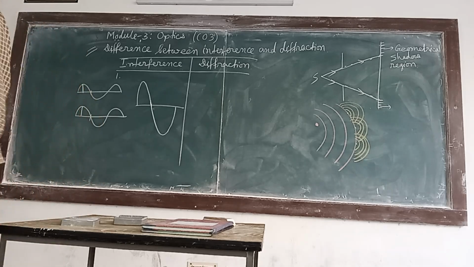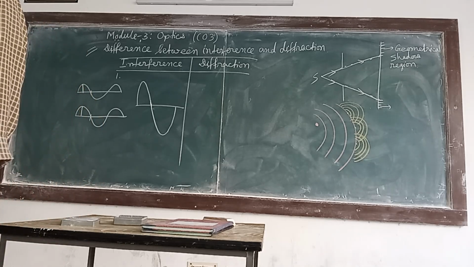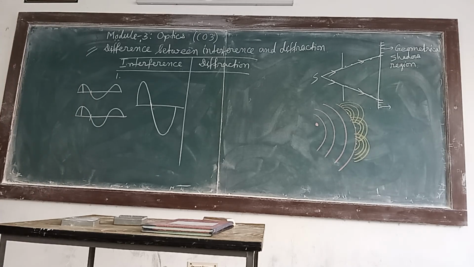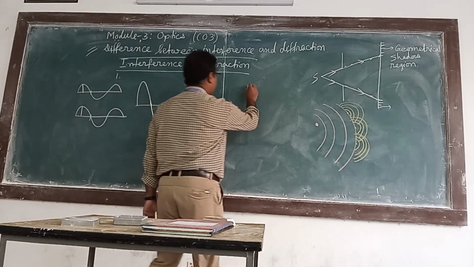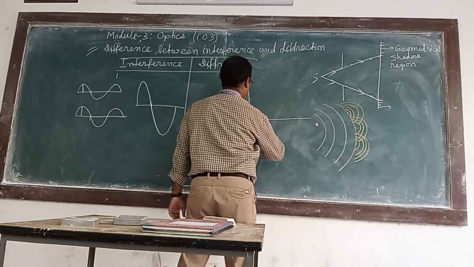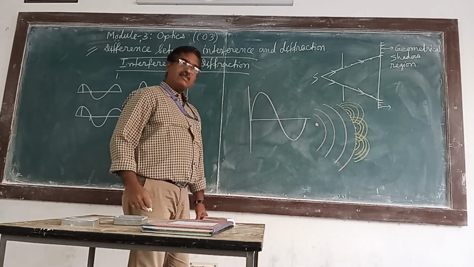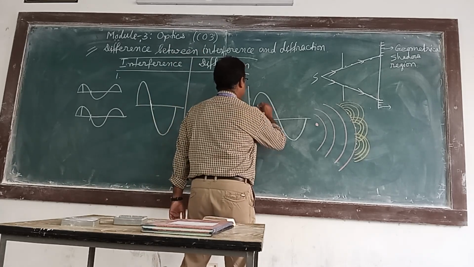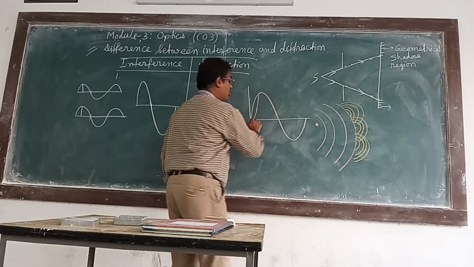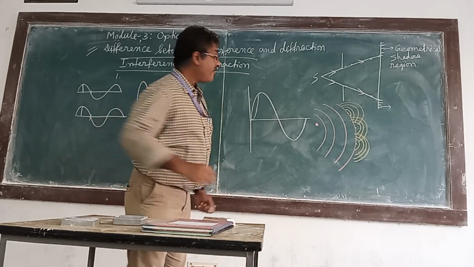And in case of diffraction, why it is not perfectly dark, we will discuss it later. What's happening in case of diffraction? In the diffraction pattern, inside the diffraction there is also some interference pattern.